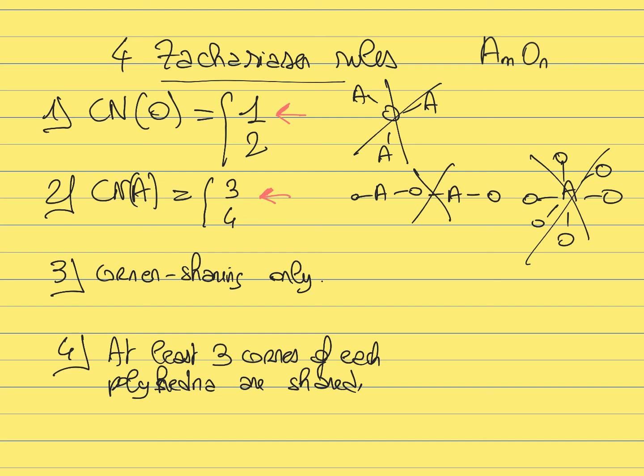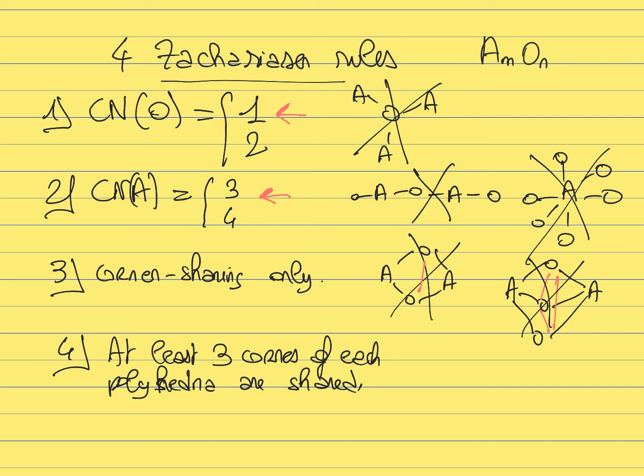The third rule tells you that you need to have corner sharing units only. One way to see that is that edge sharing, where you would have two cations sharing an edge like this, is forbidden, or face sharing, where you have two cations sharing a face in between them. This kind of thing is also forbidden. So the Zachariasen rule tells you that you can only have corner sharing.